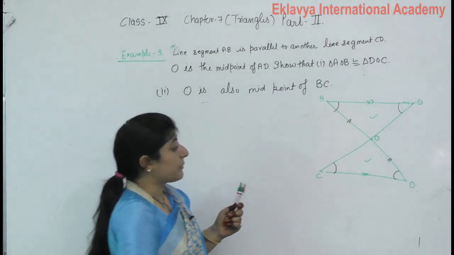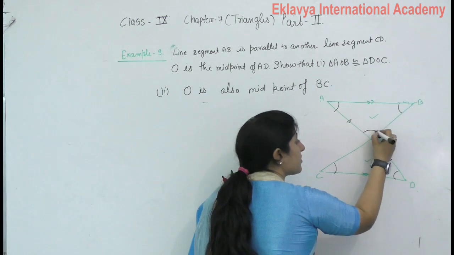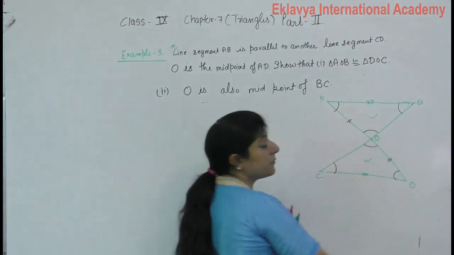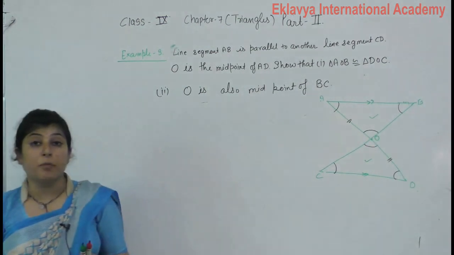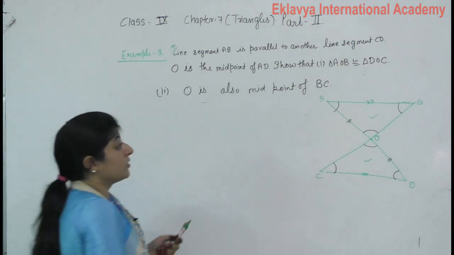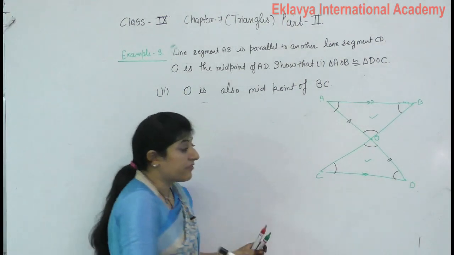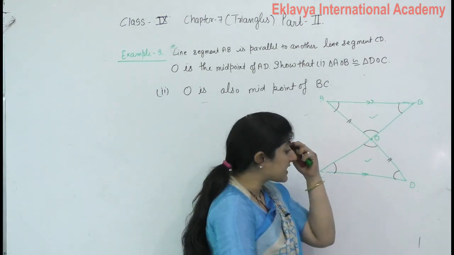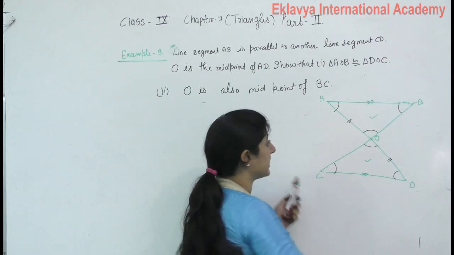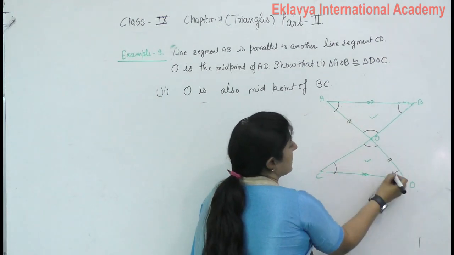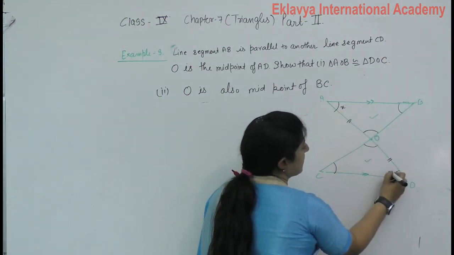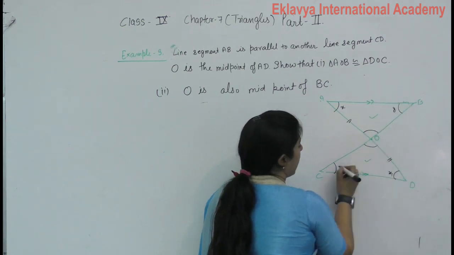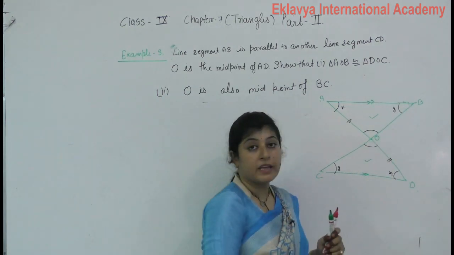Now you can see this one also, if you see properly, this is a vertically opposite angle. So you can apply any one of the rules if you want to apply angle side angle or angle angle side. This angle is equal to this. If this is x, then this also x, this y, then this also y.